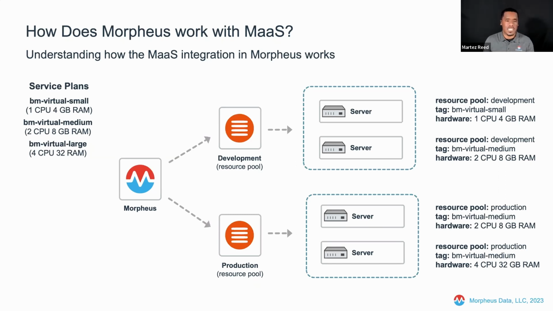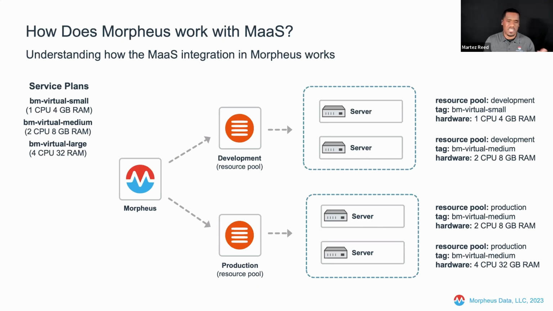Following along with this example, I may decide that development is the older generation hardware. I still want to use it and leverage it, but it is the older generation hardware. The newer generation hardware is the production workloads in my environment.